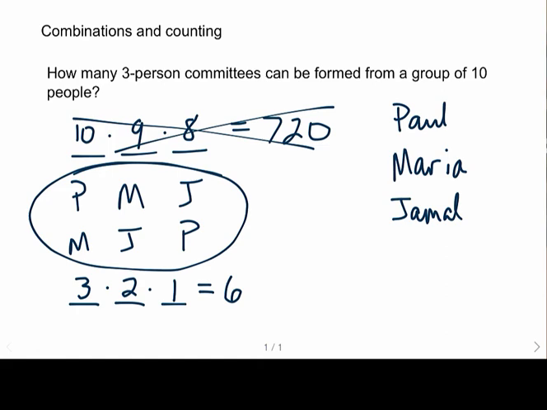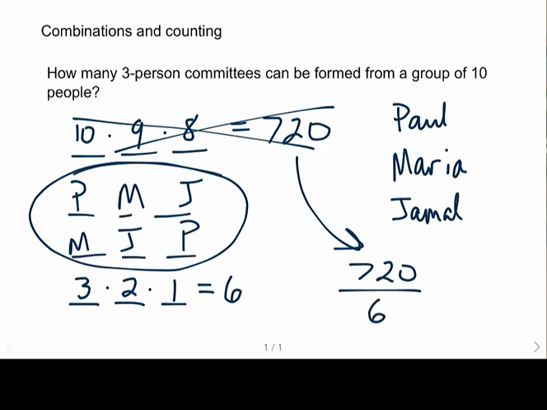What we would actually have to do is take the 720 that we got from 10 times 9 times 8, and divide out the repetition that is obtained by selecting these people in a different order. So we'd actually have to divide by 6. And so in this case, there would be actually 120 different committees because, again, they don't have titles.